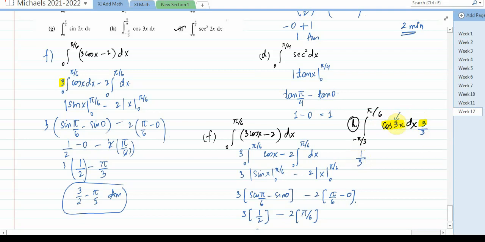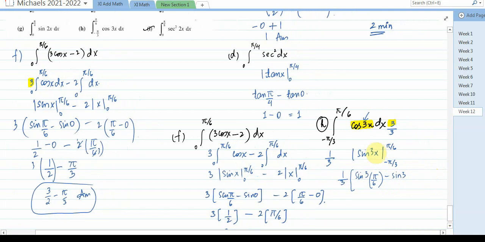The integral of cos 3x will be sine 3x, applying limits here, where the lower limit is minus pi over 3 and the upper limit is pi over 6. So now it will be 1 over 3 times sine 3 times the upper limit pi over 6, minus sine 3 times the lower limit minus pi over 3.